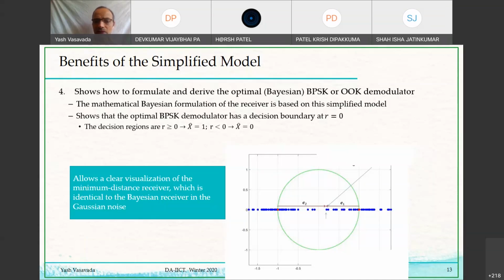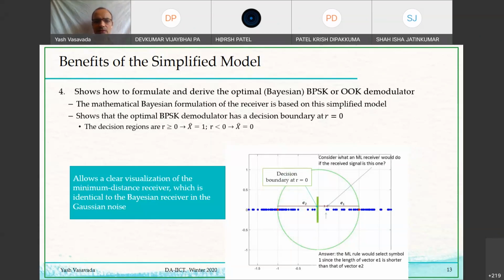And that also allows us to quickly see that all the blue points here, all the received points on the positive real valued axis are always closer to +1. All the blue points which are on the negative side, meaning the voltages received are negative valued, are going to be closer to the symbol for the bit 0.